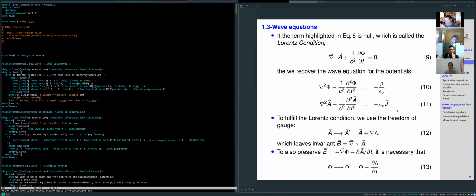You can imagine the complexity of electrodynamics here.